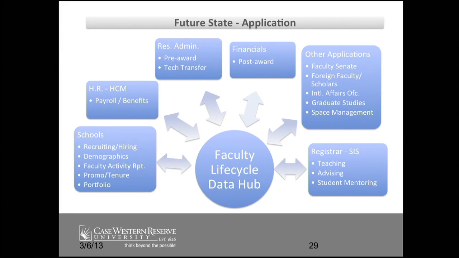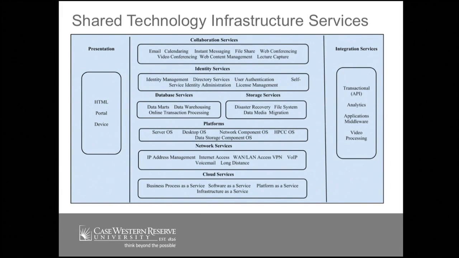And then here's another, this is looking at the information layer. So here are all the different applications that are available today, and being able to pull all of that data from those applications into a data hub. And then you see, this is the same example as earlier in the presentation.